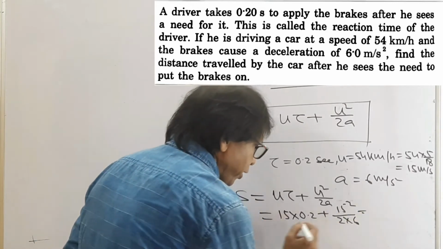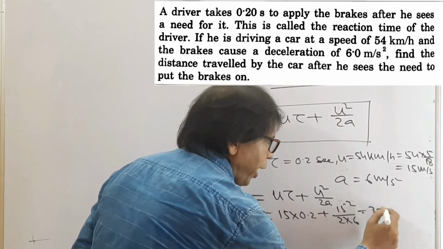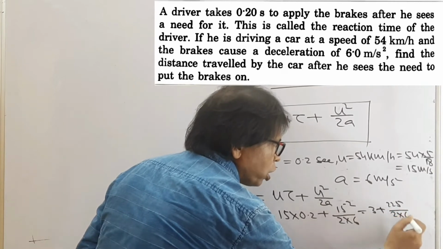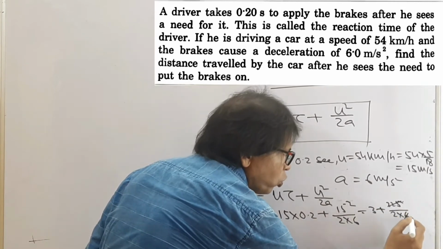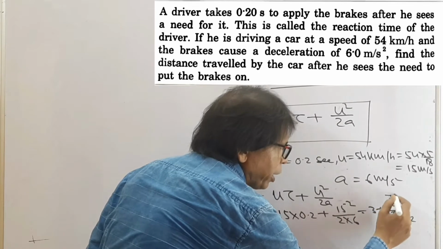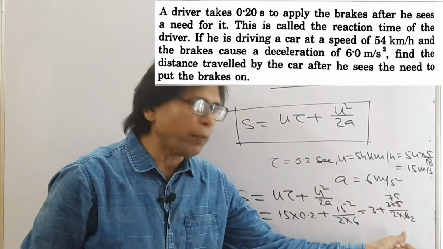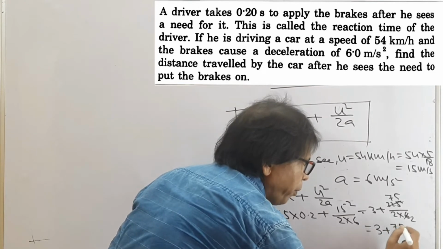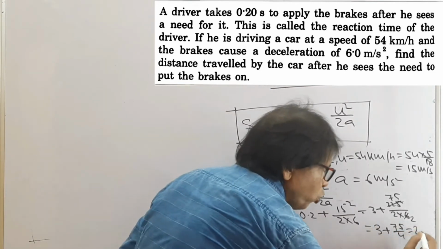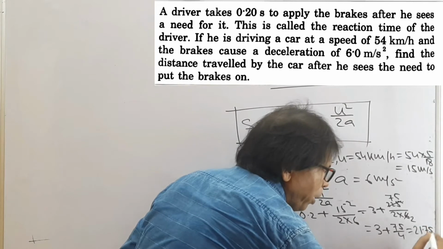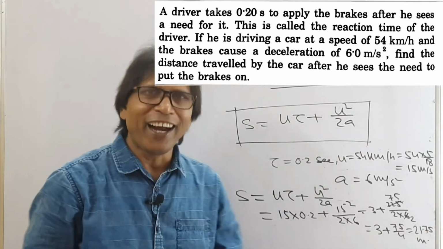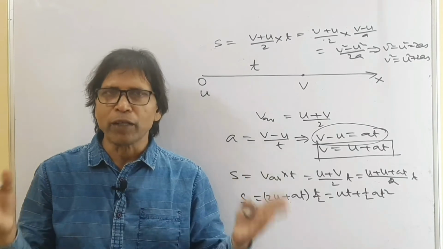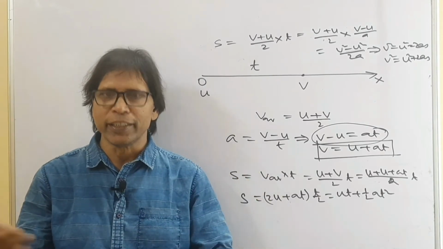This is 3 plus 225 divided by 12, which is 75 by 4. So 3 plus 75 by 4 is 21.75 meter. Okay. Understood?